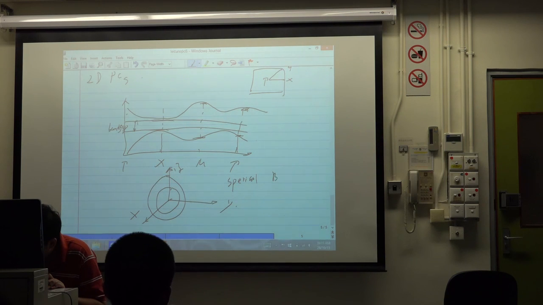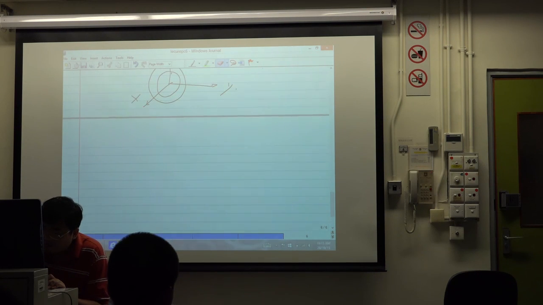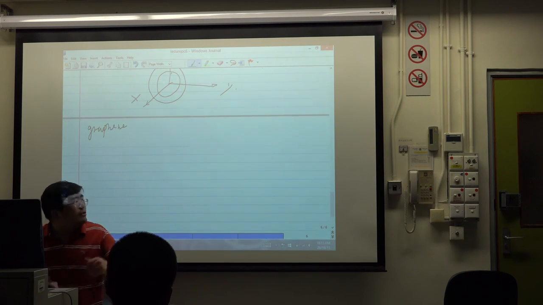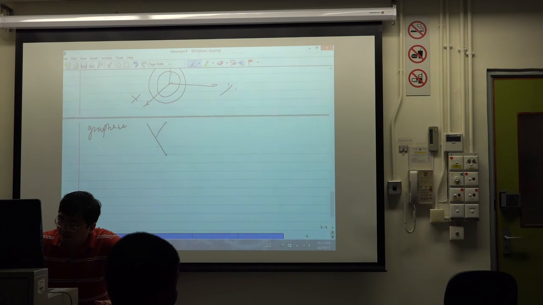So why is this idea simple? Graphene. Graphene has no band gap, right? How to open up a band gap? This is the version for graphene.